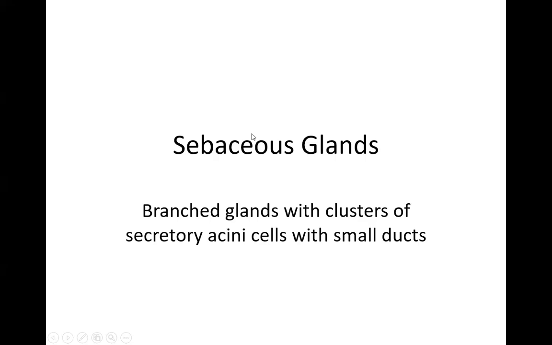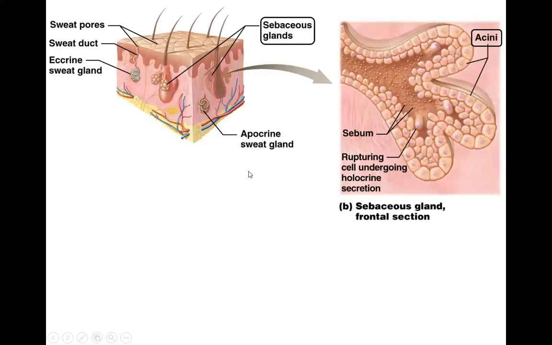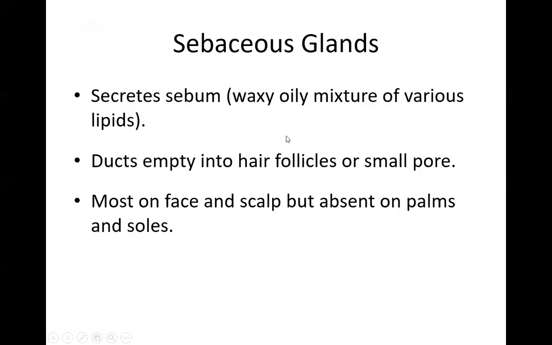There are sebaceous glands. Sebaceous glands are branched glands with clusters of secretory acini cells with small ducts. They secrete sebum, a waxy oily mixture of various lipids. The ducts empty into the hair follicles or a small pore.